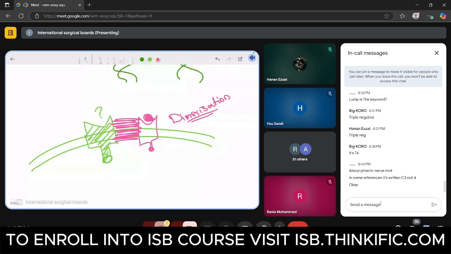Now, dimerization can occur between HER2 and another receptor of the same family, and this is called heterodimerization. Hetero means of different family. A different type, but same family.